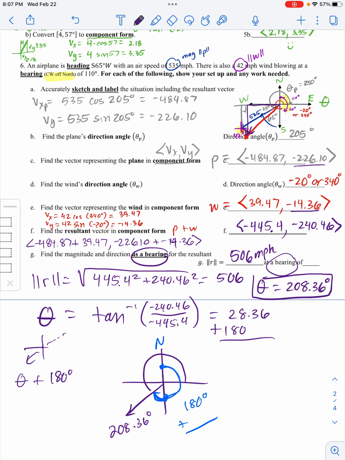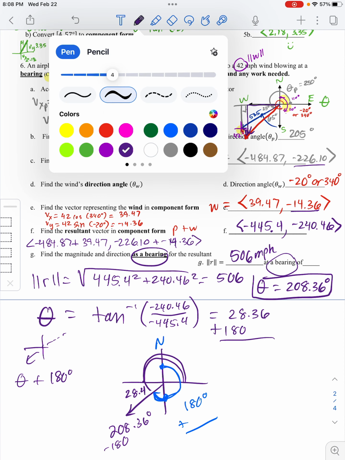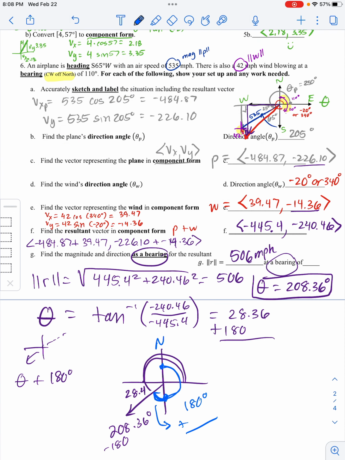The other end was 208.36, and I know to here was 180. So I'll take away my 180 from this answer, and that'll tell me that this extra piece was 28.4. And that'll help me find my mystery piece over here, because that is the rest of this 90. So if I do 90 minus 28.4, and there's a lot of ways to like noodle your way through this.